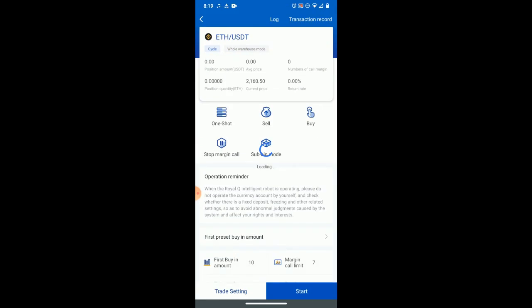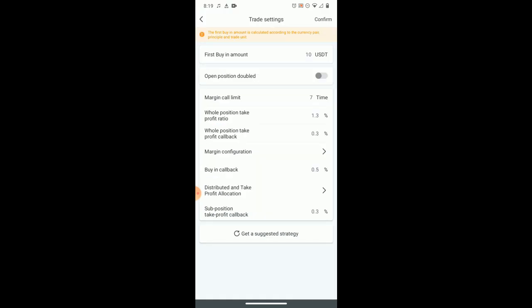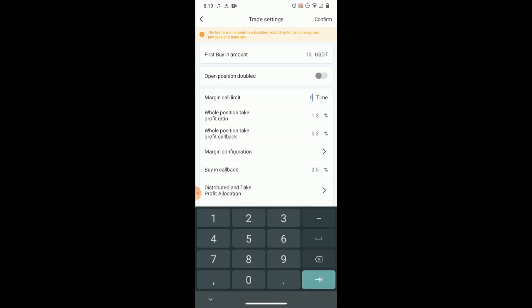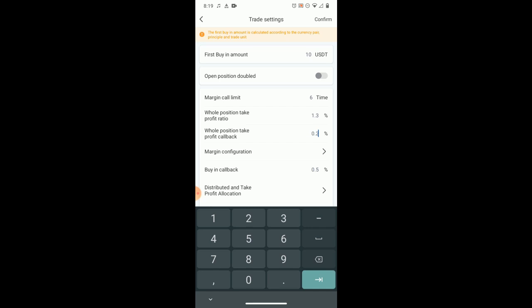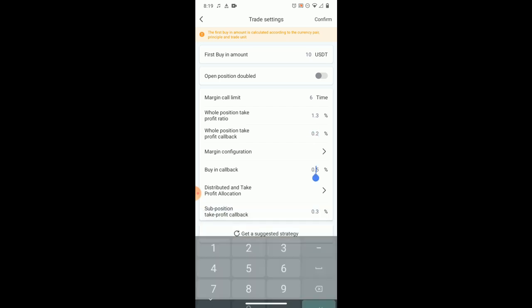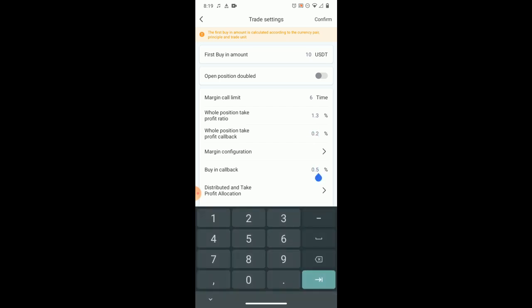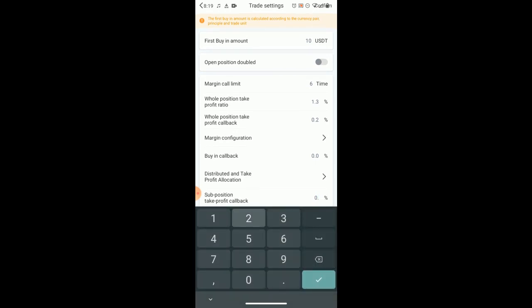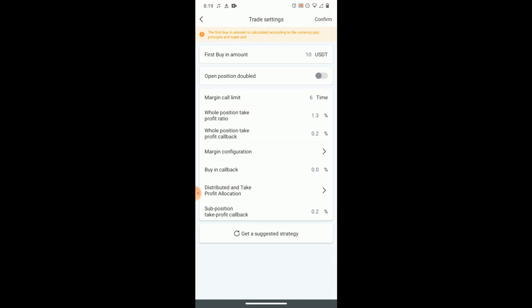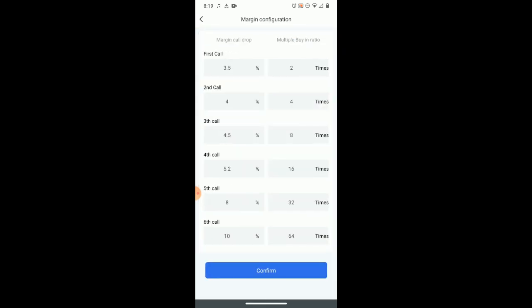Then, this one short. Now, let me just place a trade here. I put this one to be 6. I always put it to be 0.2. Then I put this to be 0. Okay? Then I change my sub-beam mode to be 0.2 also. Then I go back to my margin configuration to see.